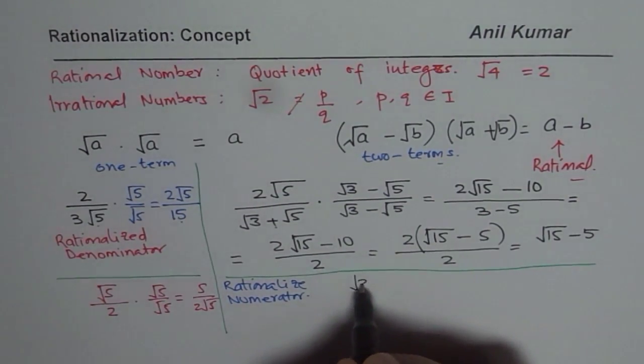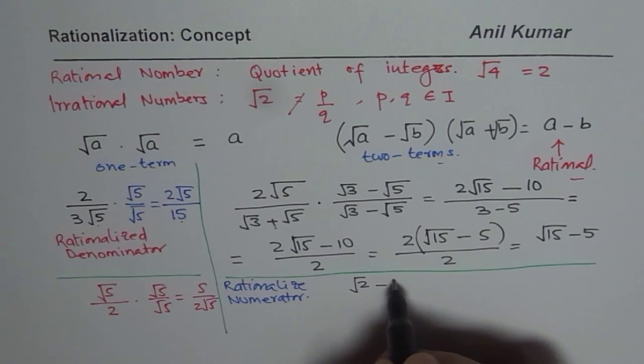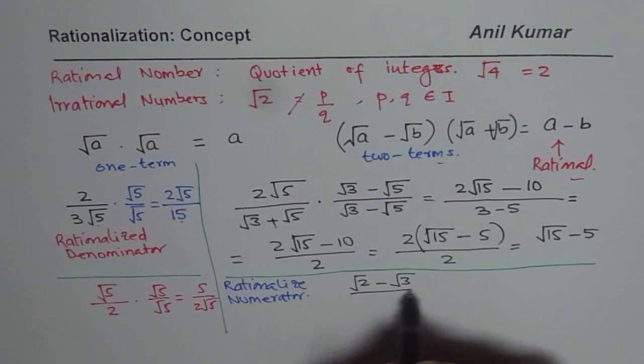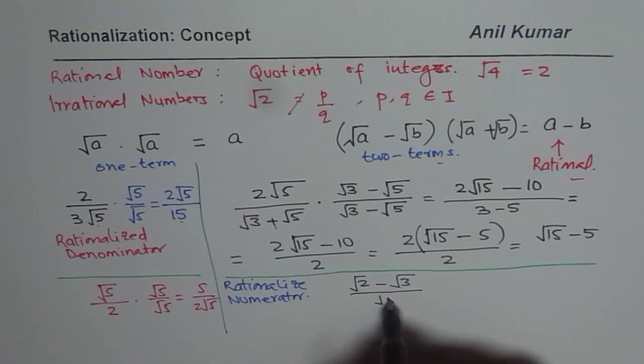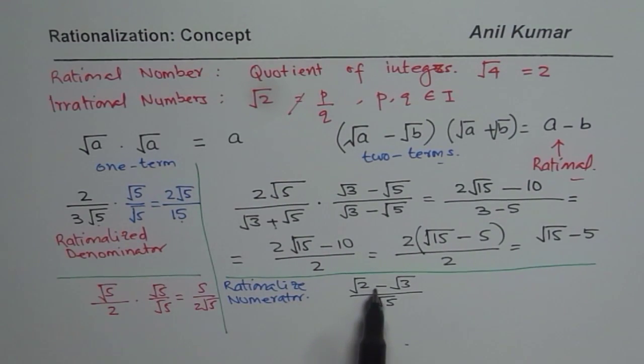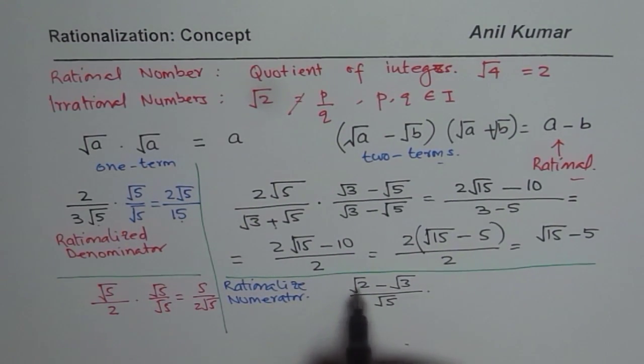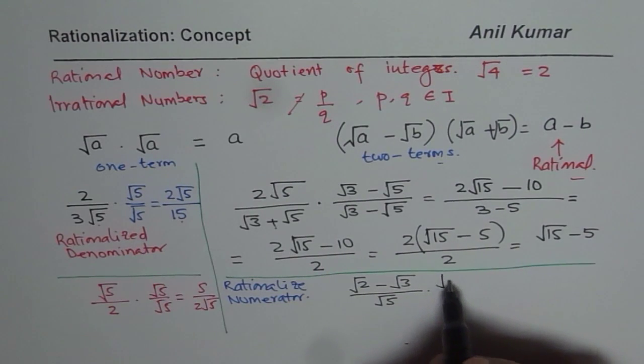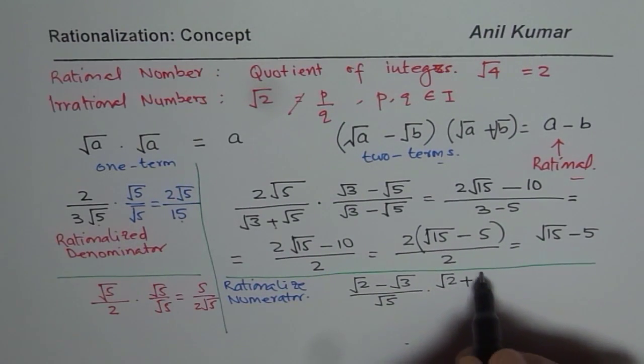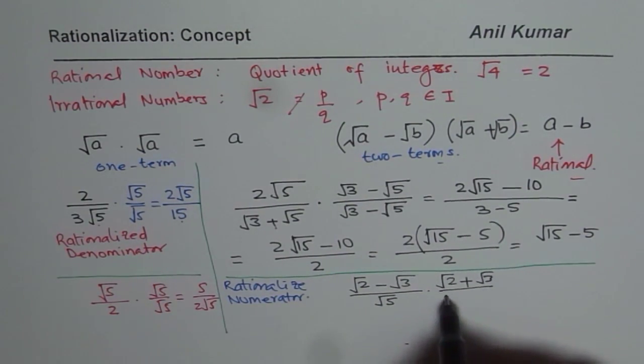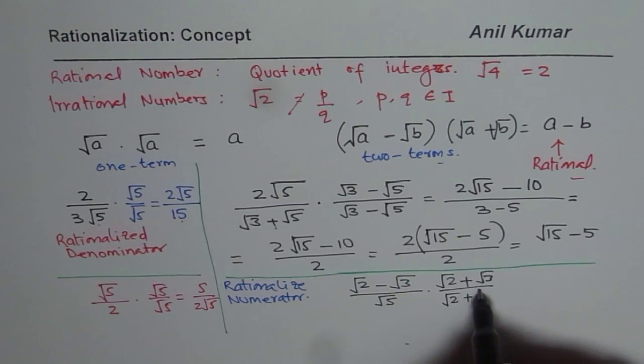So let us take an example like square root 2 minus square root 3 divided by, let us say, square root 5. If I have to rationalize the numerator, I'll multiply by the conjugate of the numerator, which in this case is square root 2 plus square root 3, and also divide by the same thing.